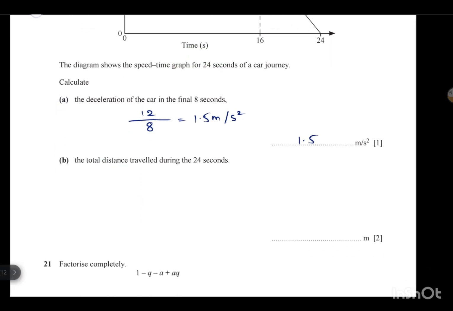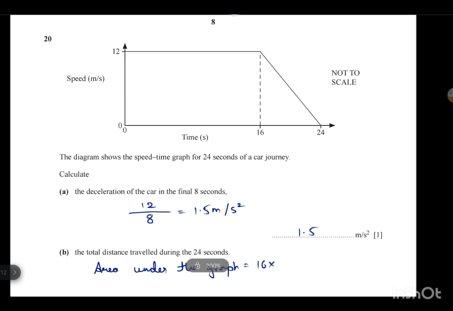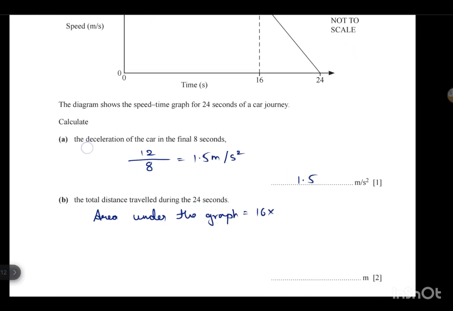For the rectangle, the length is 16 and the width is 12. Plus half into base 8, because from 16 to 24 it is 8, and the height is again 12.